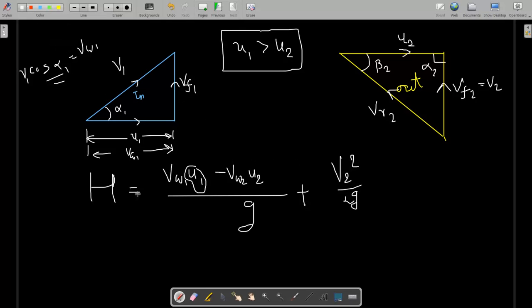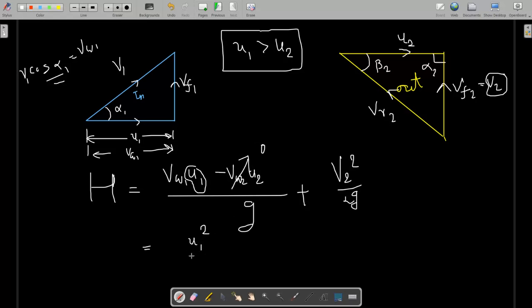So I can write Vw1 U1 as U1 square, because Vw1 and U1 are the same value. Vw2, that means the component of V2 in the horizontal direction making the angle with the peripheral velocity, but V2 is perpendicular and does not have any other component, so this term will be 0.